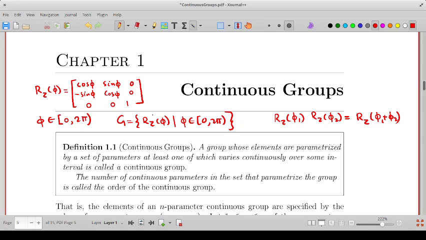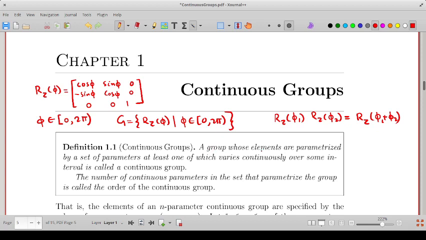So we see that this set of matrices forms a group, and every element of that group is parameterized by a parameter called phi, which takes values from a continuous range from 0 to 2 pi. And such a group is called a continuous group.